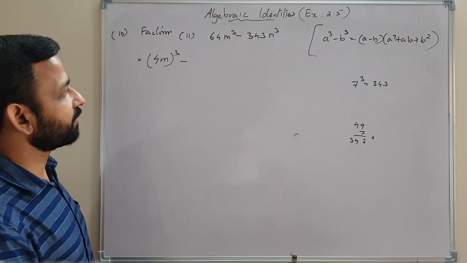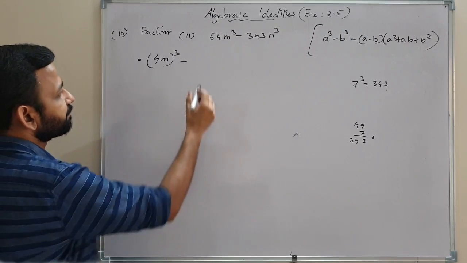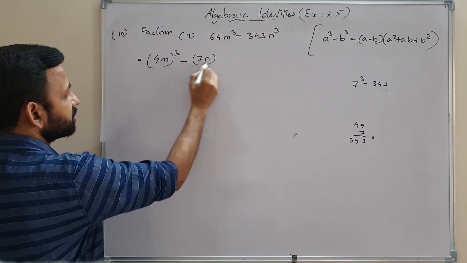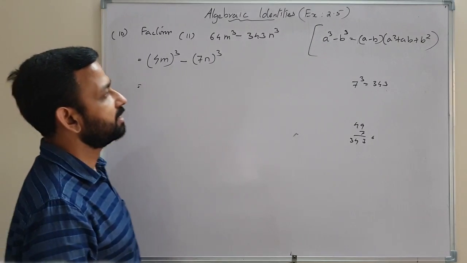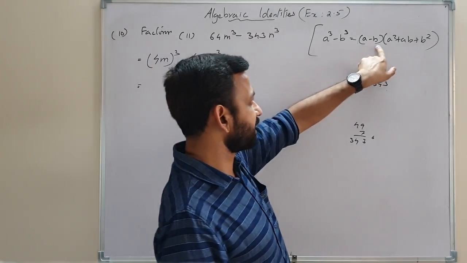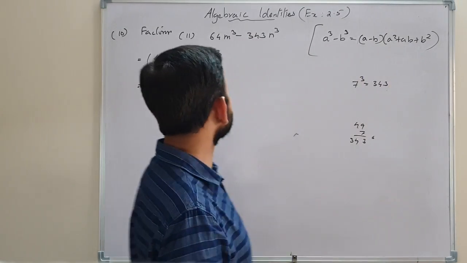So 343n cube we will write as 7n raised to the power 3. Now we got a cube minus b cube. a cube minus b cube is a minus b into a square plus ab plus b square.